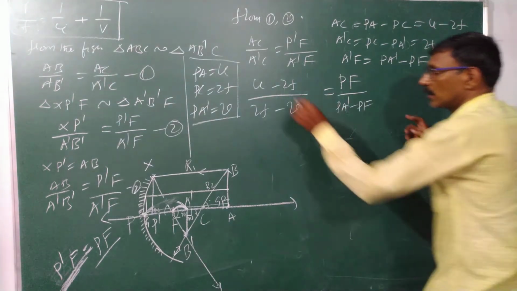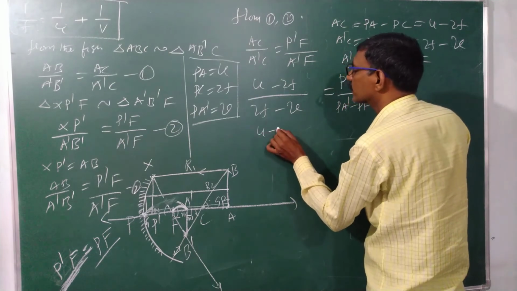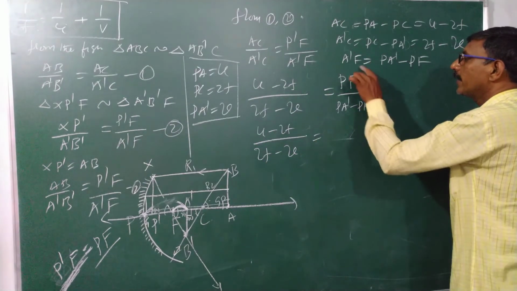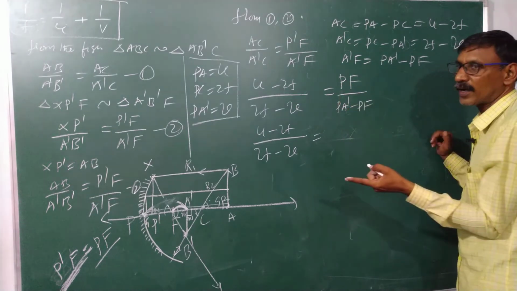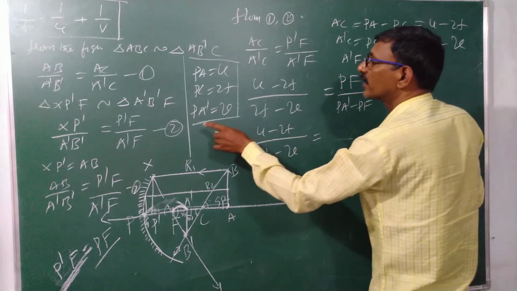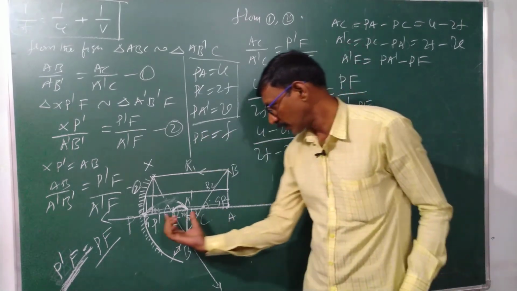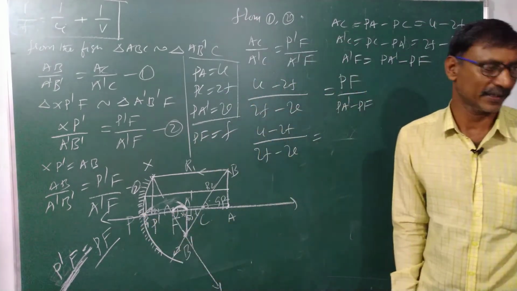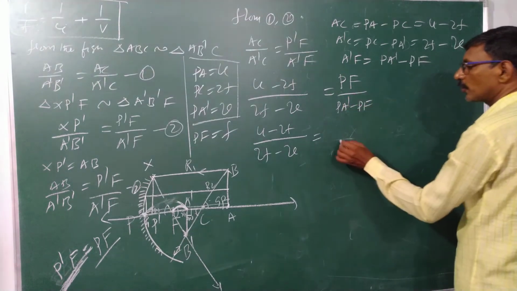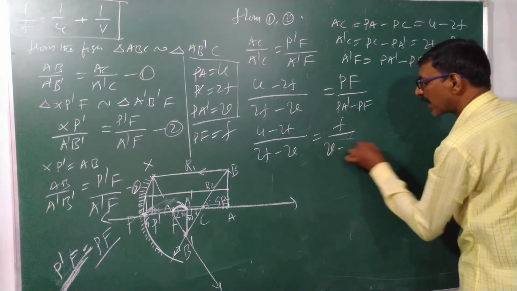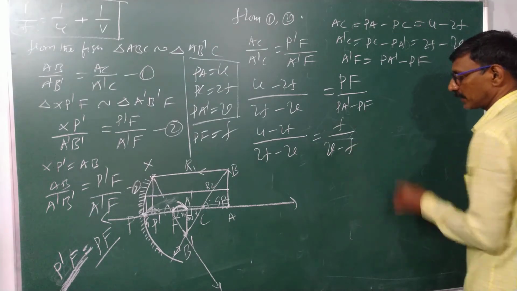So first, U minus 2F by 2F minus V is equal to PF. PF is nothing but focal length. So F by PA dash, that means V minus F.